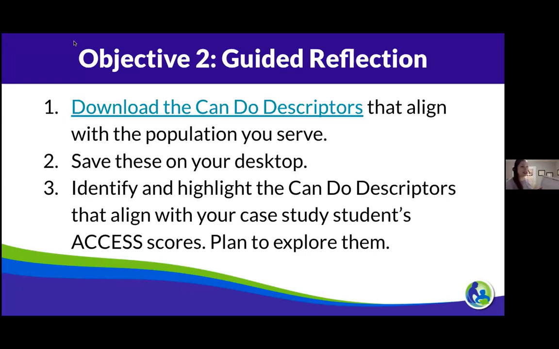And I'll just reiterate again, be sure you're matching. Listening might be a 4, but speaking might be a 2. I just use the same number to keep the example simple, okay? But again, you're going to want to make sure that you're getting the specific score that aligns for each of those 4 areas. So I'm going to give you just a moment to do that. And if not, at least pull it up and have it ready for you to explore.